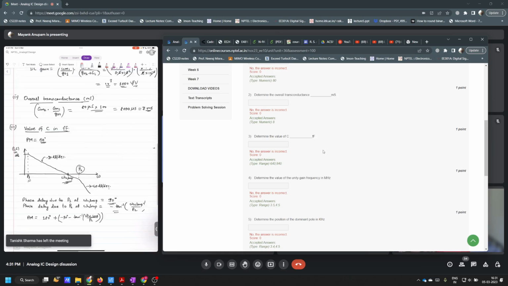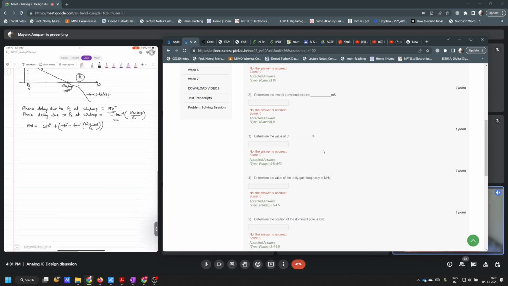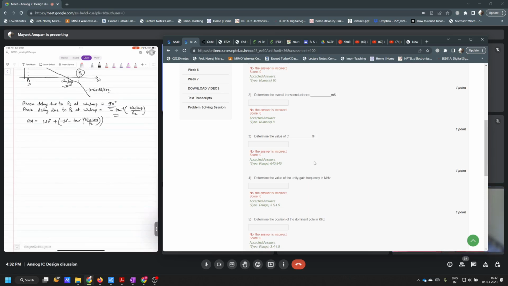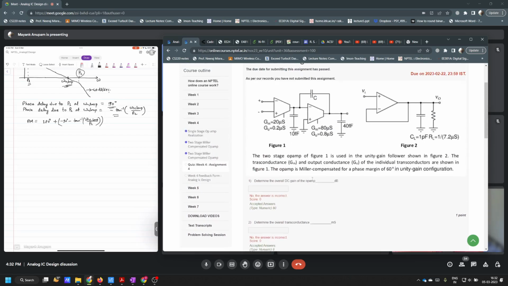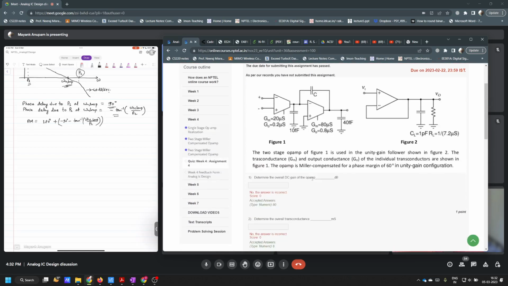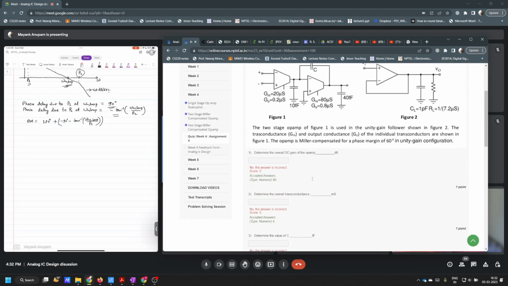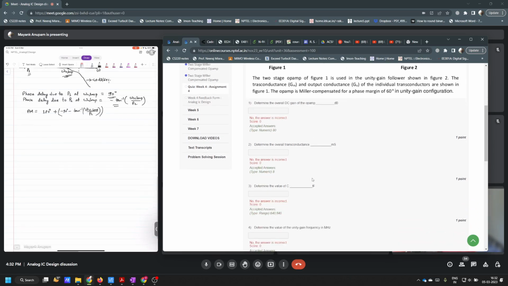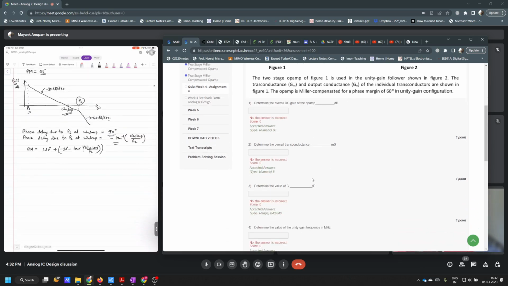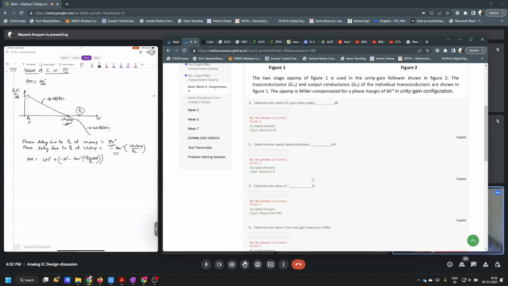So one more will be added, minus tan inverse of omega u by z, due to the zero. Okay, correct. Let's add that. I didn't write that, but let's add it. So this is like this, and from here it again goes here, right?